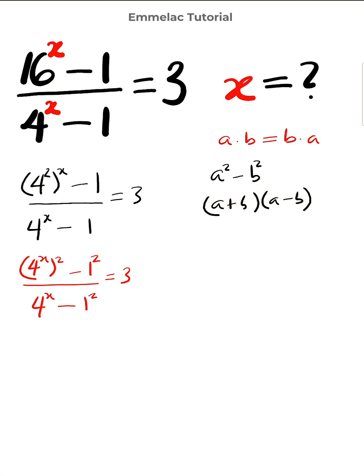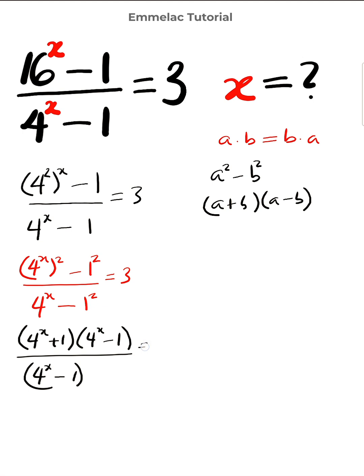Let's do that together. So here we have (4^x plus 1) times (4^x minus 1), all over 4^x minus 1 all equals to what?